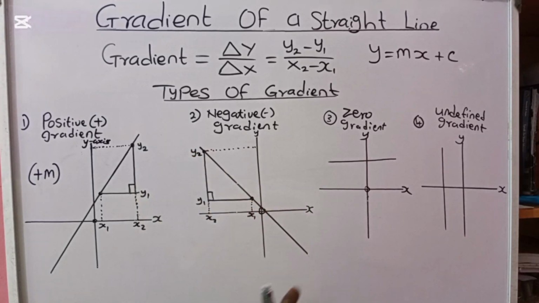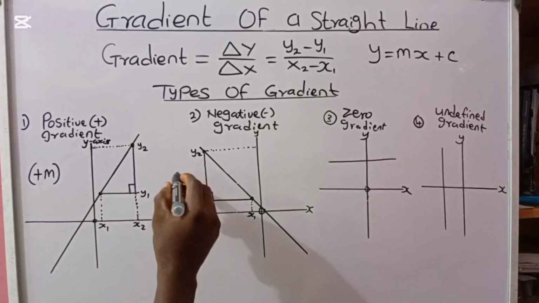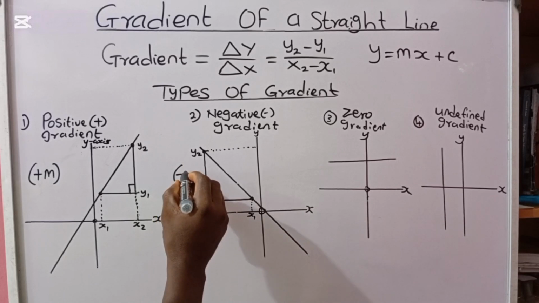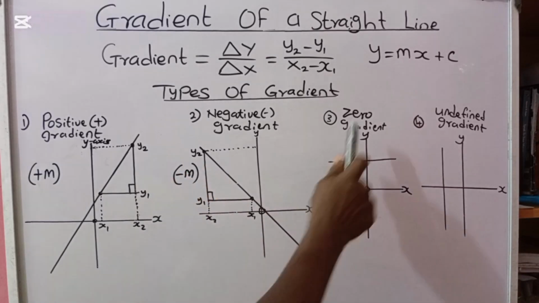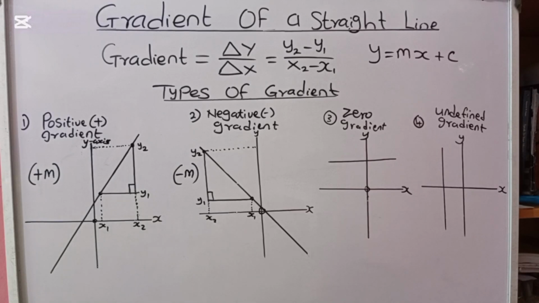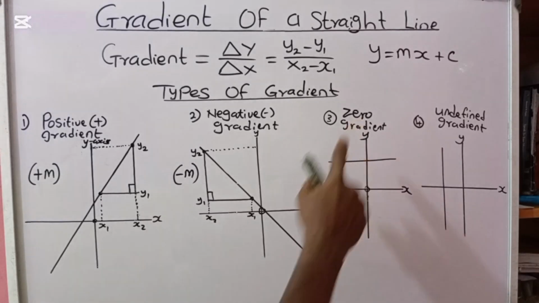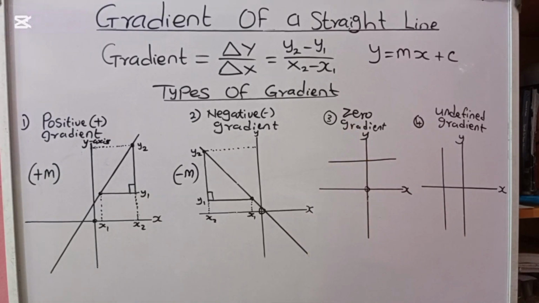So once you have this line, you should look forward to having a negative answer to your slope. So we can say that our slope is negative. That's m is negative. Now coming to the third type of gradient here, that is the one we call zero gradient. When do you have a zero gradient?